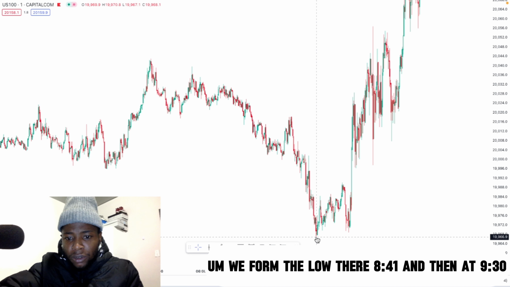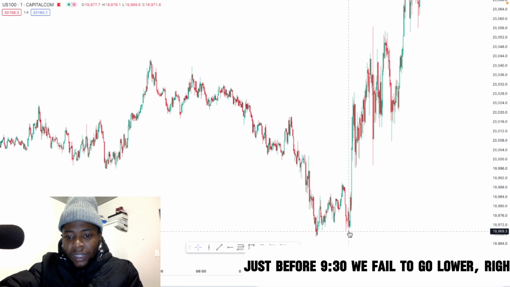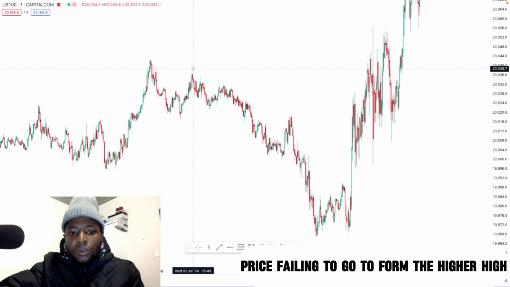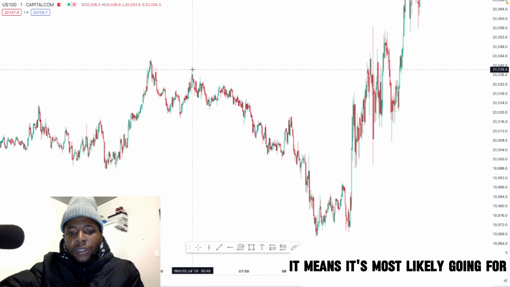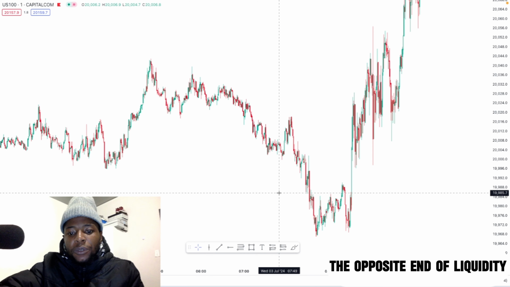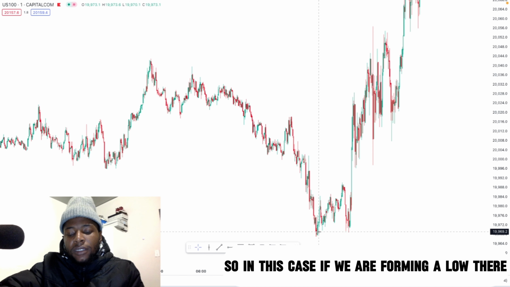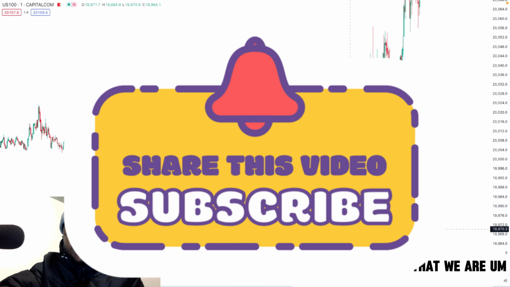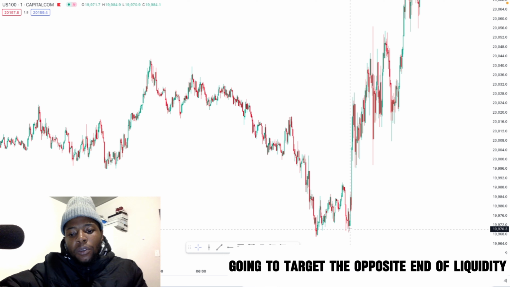We formed the low there, 841, and then at 9:30, just before 9:30, we failed to go lower, right? So what did I say? When you see price failing to form the higher high, it means it's most likely going for the opposite end of liquidity. So in this case, if we are forming a low there and failing to form a lower low, it most likely means that we are going to target the opposite end of liquidity.